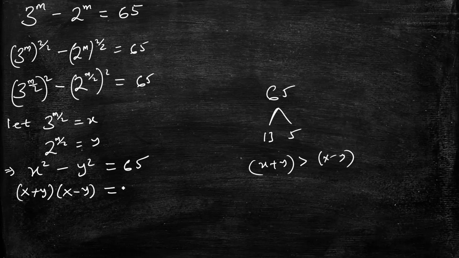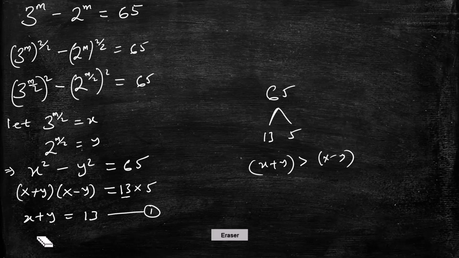So with 13 times 5, it means the 13 is equivalent to x plus y, then x minus y takes the 5. So we have x plus y equals 13, let's call it the first equation, then x minus y equals 5. As simple as that.